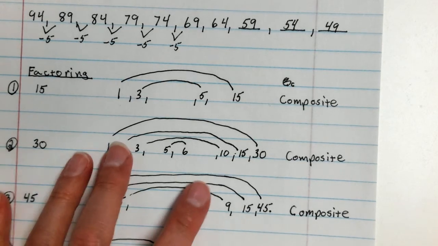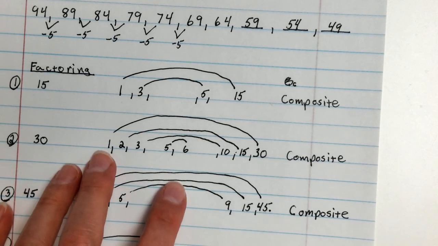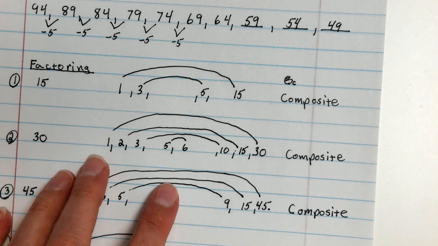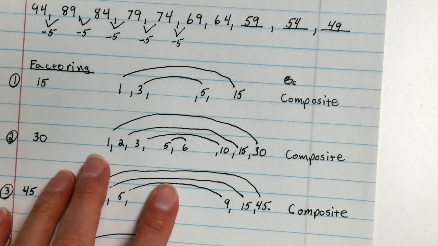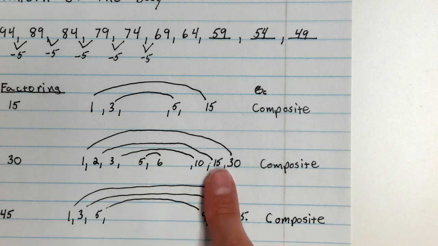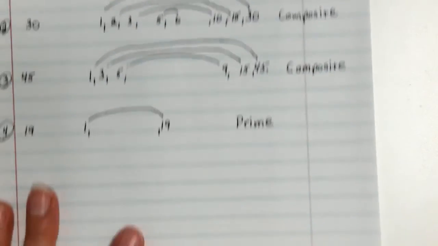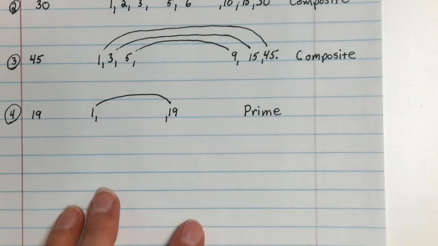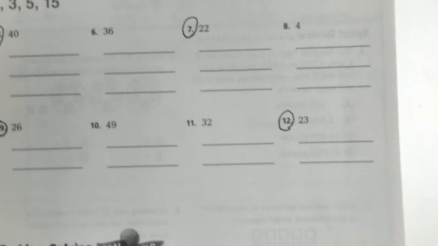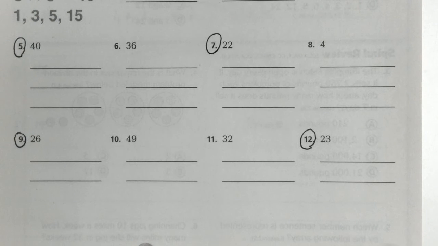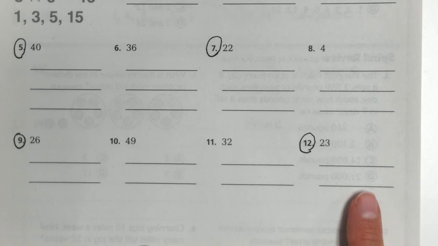If you started doing it the other way, then you'll have to go back and do it the way that I told you to. So you're going to use these problems: 5, 7, 9, 12, and then you'll do 13 and 14.